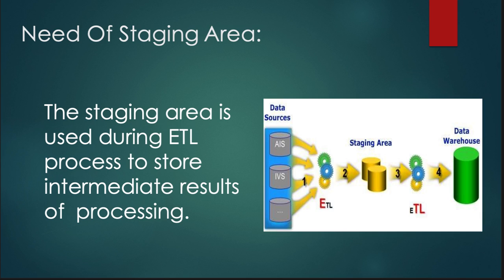For example, if the transformation step fails, it should not be necessary to restart the extract step. Technically it's like a fail safe. And this should not be available to anybody, because you do not want them to change the transformation.